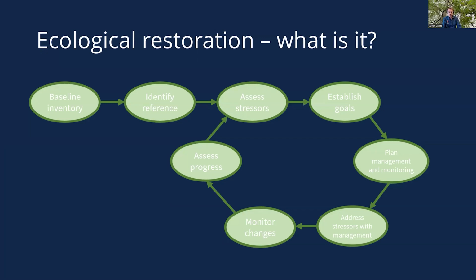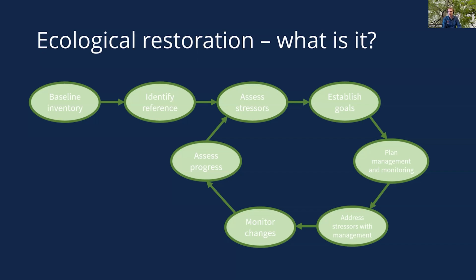So, for the steps of this iterative process, the first few we might not need to perform throughout every single iteration. There might be steps that we look at initially, and we might revisit them later, but we might not. So we might begin with taking a baseline inventory, which is getting just basic data and information about the system that we're starting in.